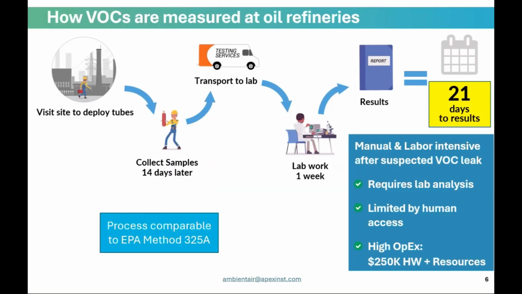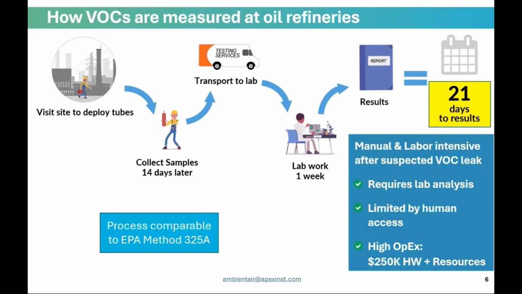For the use case of oil refineries, if we're identifying VOCs, we're often using EPA method 325A, which is a fence line monitoring application using passive sampler tubes, where passive sampler tubes are deployed at or around the fence line of a facility. They're set out for 14 days to passively sample ambient air and have an absorbent material that collects VOCs.